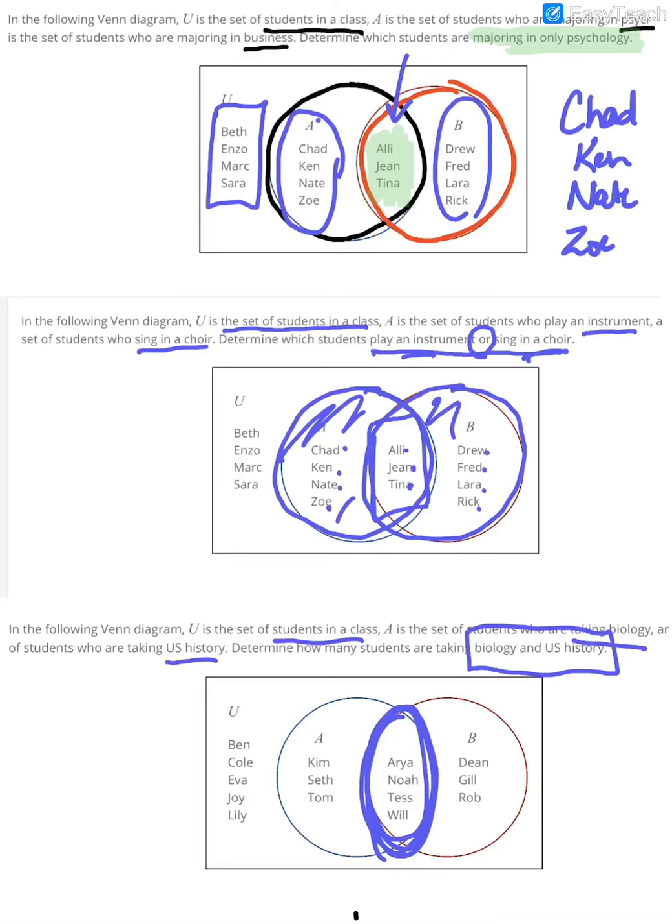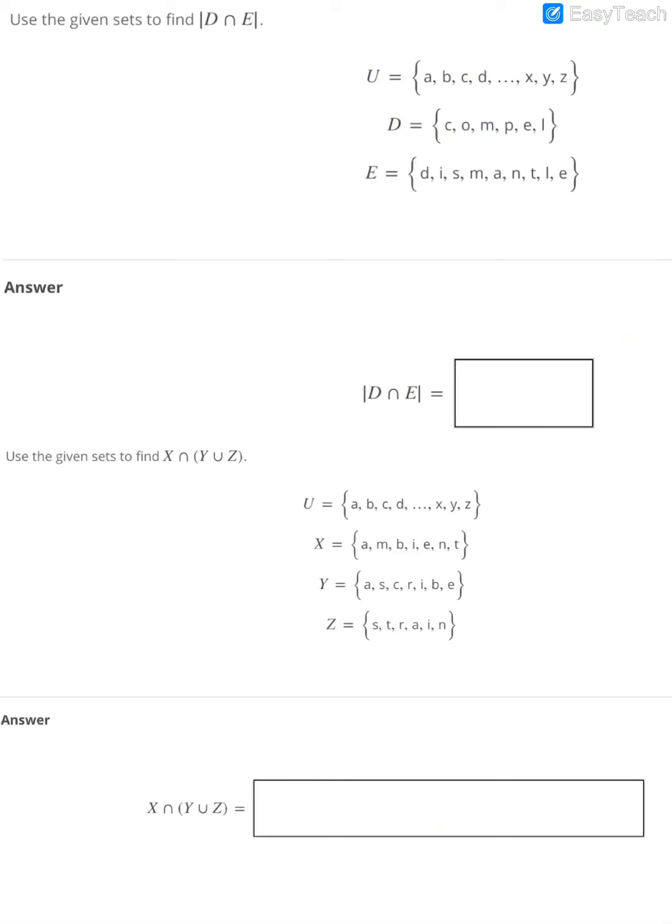Now, let's actually look at some symbols, and we'll do some operations with sets like this. So when you see this particular symbol, that refers to the word and. I think of it like a letter A, just missing the bar there. So that's how I remember it's the letter and. And so what that means is you have to find elements that are part of both.